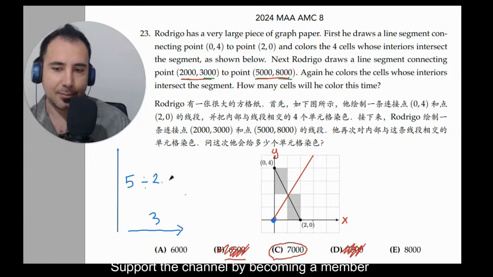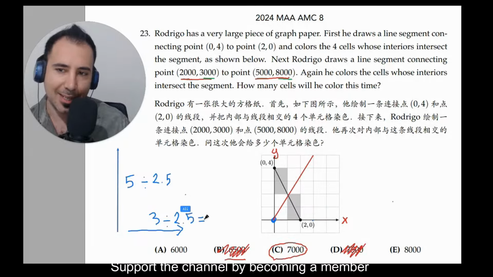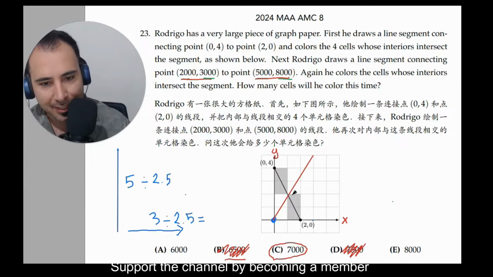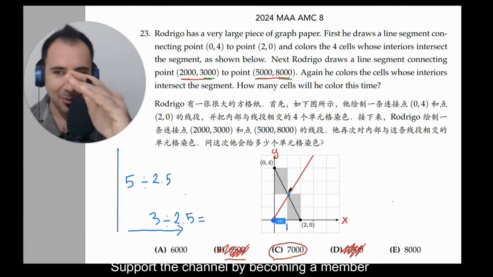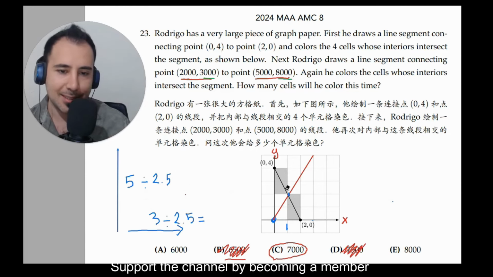So 3 divided by 2.5: is it 1 or a little more? It's a little more, so that's why this one is a little more than 1. Remember, 1 is here on the x-axis. We're a little to the right.